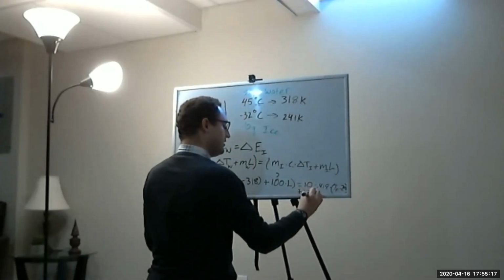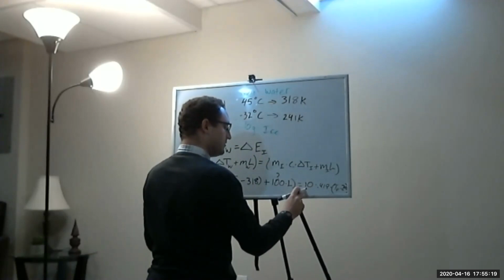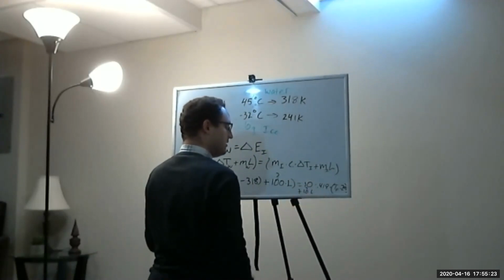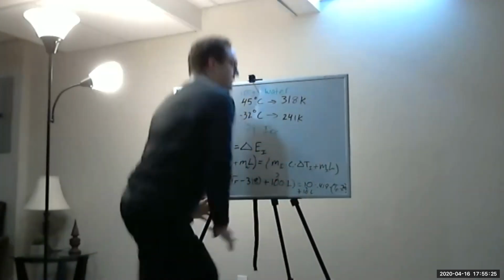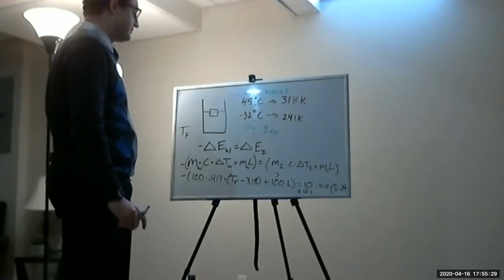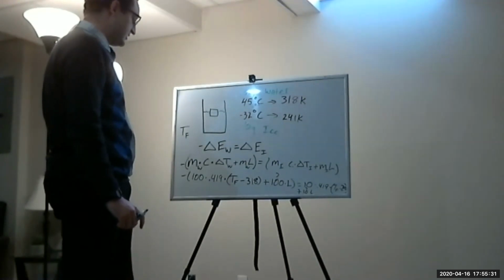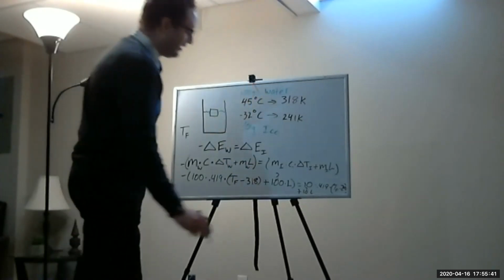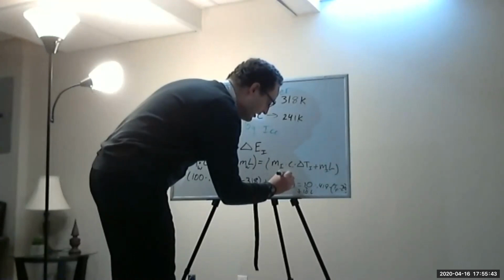Plus 10L. Okay. So from here, what's going to have to happen is I'm going to try to simplify this as much as possible. Right, I should also mention L is 80.